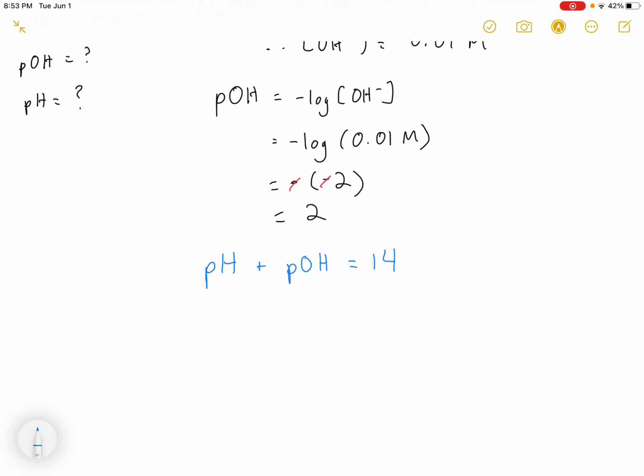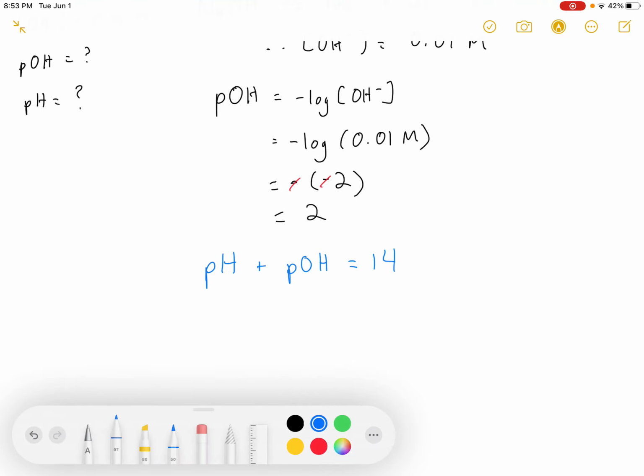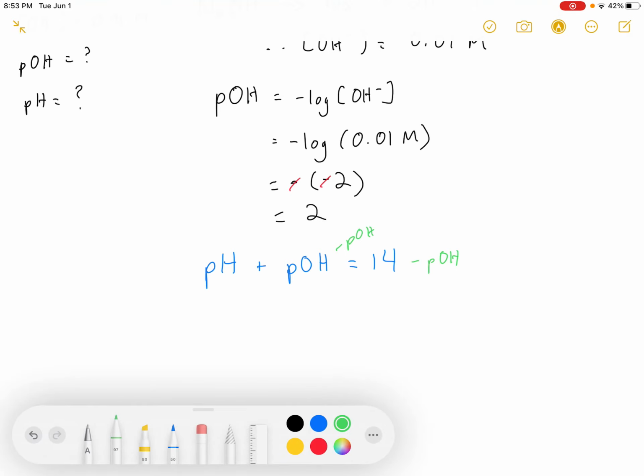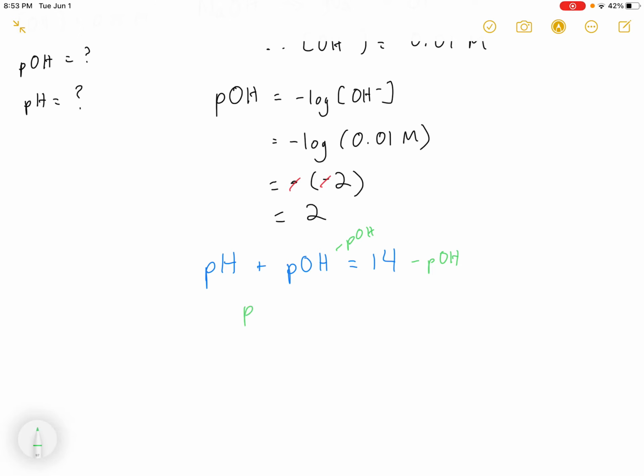So logically, if we want pH, we just know that we're going to subtract pOH from both sides. And then we're going to get an equation that gives us pH equals 14 minus pOH. And then we know the pOH is 2. So the pH of the solution is 14 minus 2, which is 12.